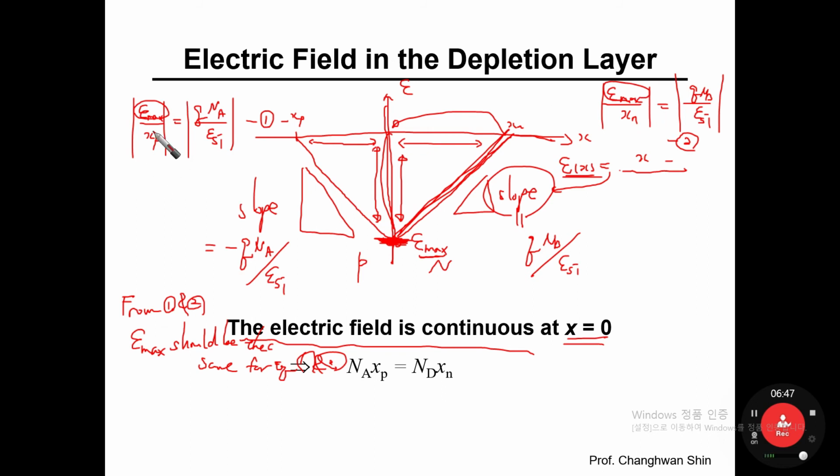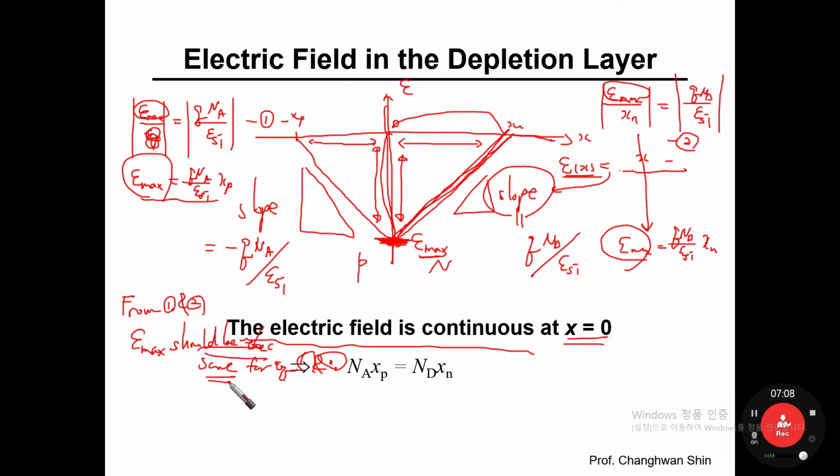If I write down Emax from equation 1, it is Q NA XP over epsilon silicon, and from equation number 2, Emax is equal to Q ND Xn over epsilon silicon. So this Emax, that Emax should be identical because at this point the electric field is continuous.